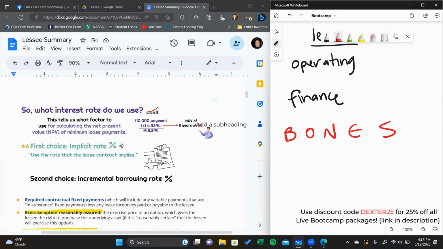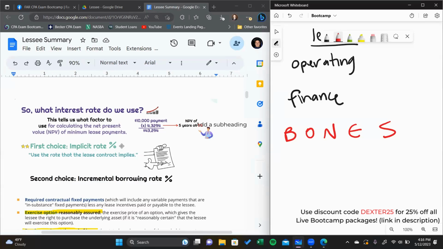Now, there's a couple different interest rates that we need to consider for purposes of leases. The first one is known as the implicit rate, and the second one is known as the incremental borrowing rate. So your first choice should always be the implicit rate. And this is the rate that's implied in the terms of the lease.